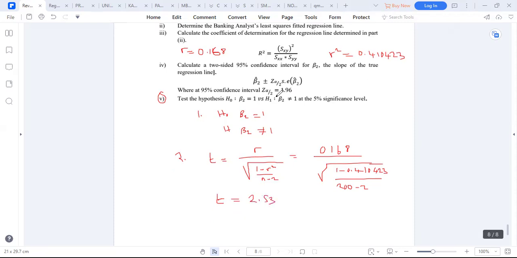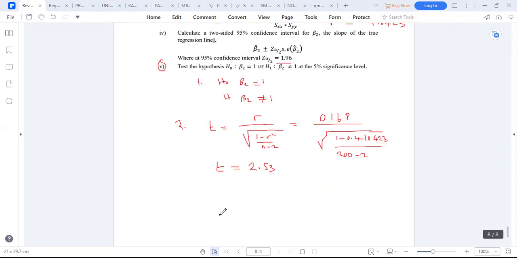Now you're going to compare it with the Z value here. Our Z value here is 1.96, so here we put 1.96, and here we put 1.96. If the T value falls in the rejection region, we say the regression is significant.